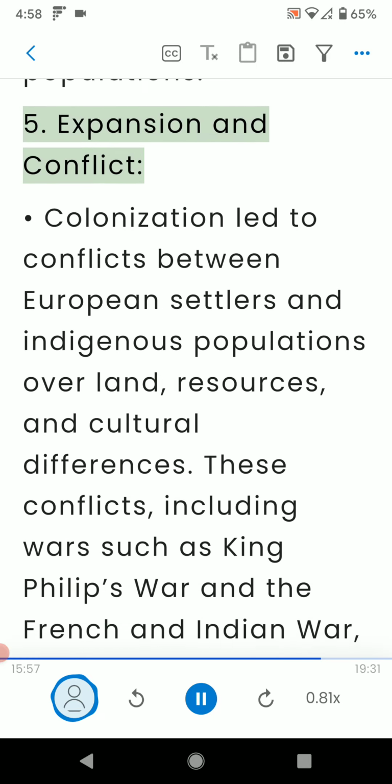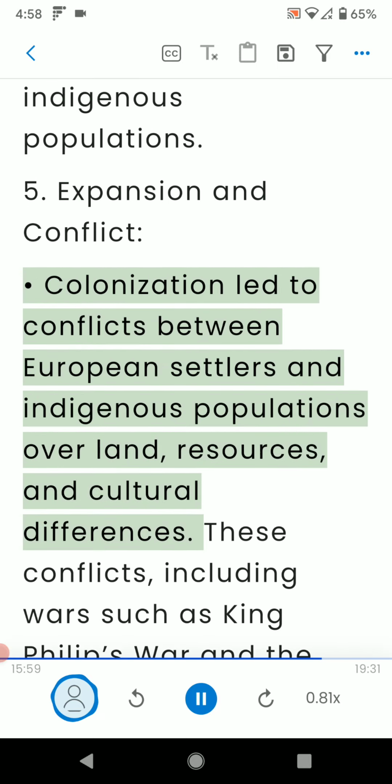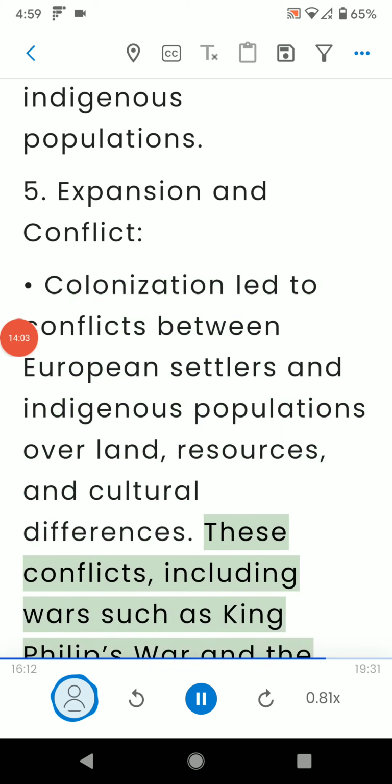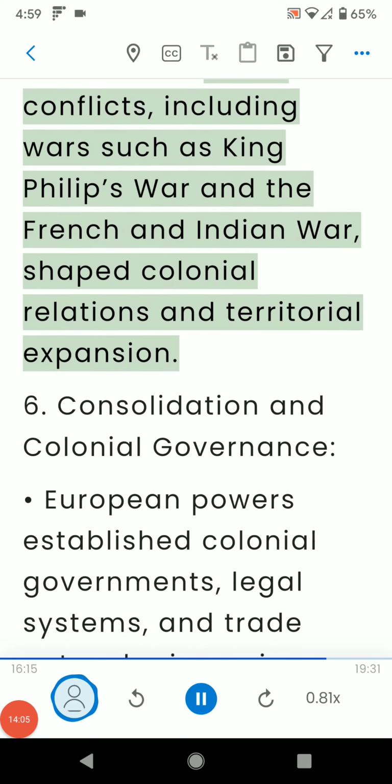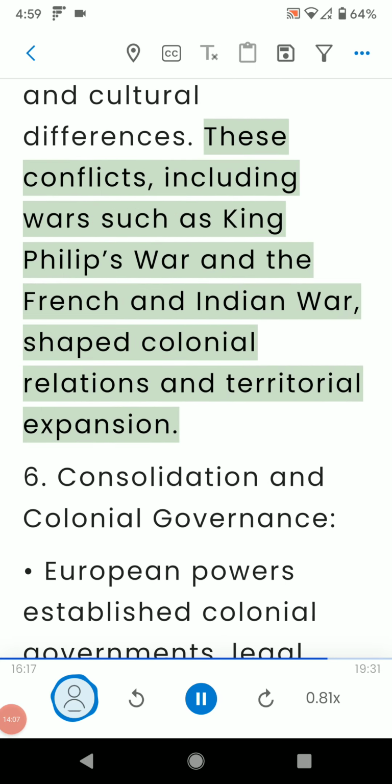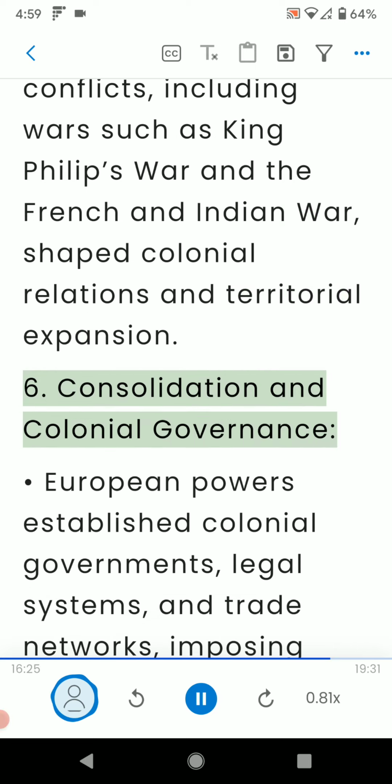5. Expansion and conflict. Colonization led to conflicts between European settlers and indigenous populations over land, resources, and cultural differences. These conflicts, including wars such as King Philip's War and the French and Indian War, shaped colonial relations and territorial expansion. 6.